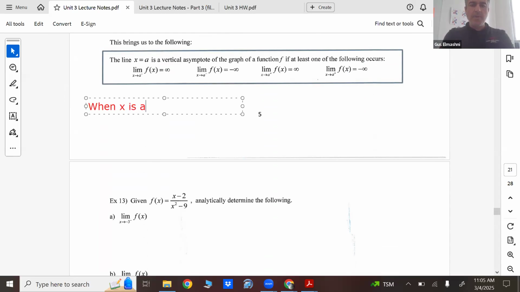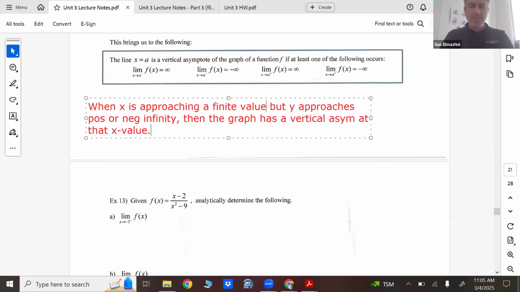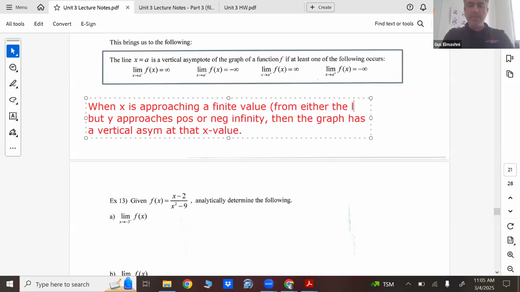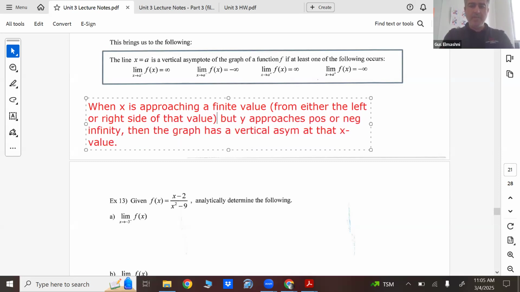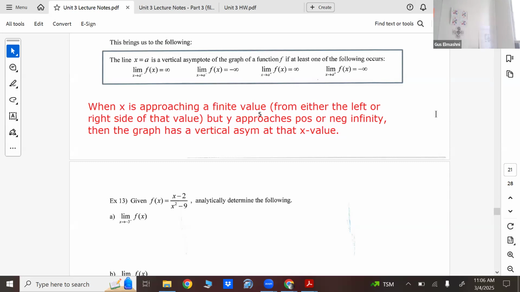When x is approaching a finite value, but y approaches positive or negative infinity, then the graph has a vertical asymptote at that x value, approaching from either the left or right side of it. Okay, that's the true definition of a vertical asymptote.